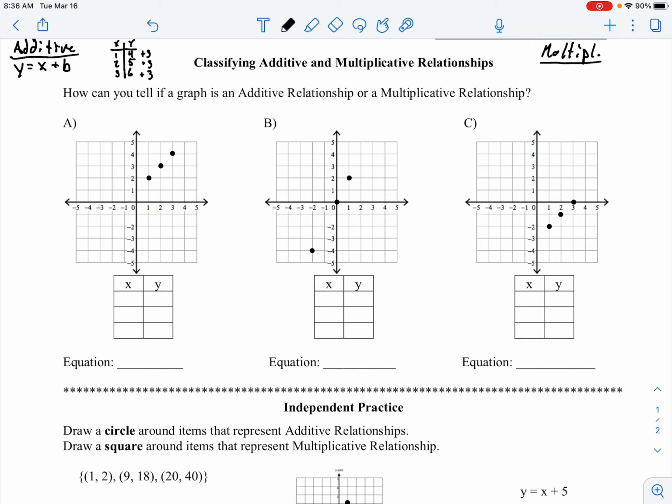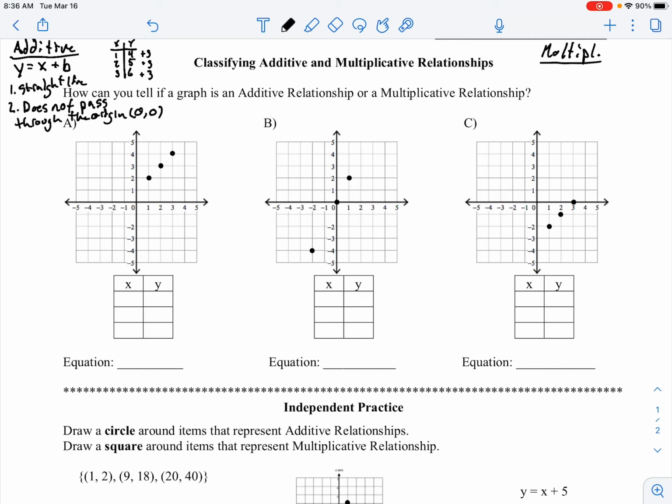And then how can we tell from a graph? So there are two things that have to happen. One, it is a straight line, and two, it does not pass through the origin, or 0, 0.